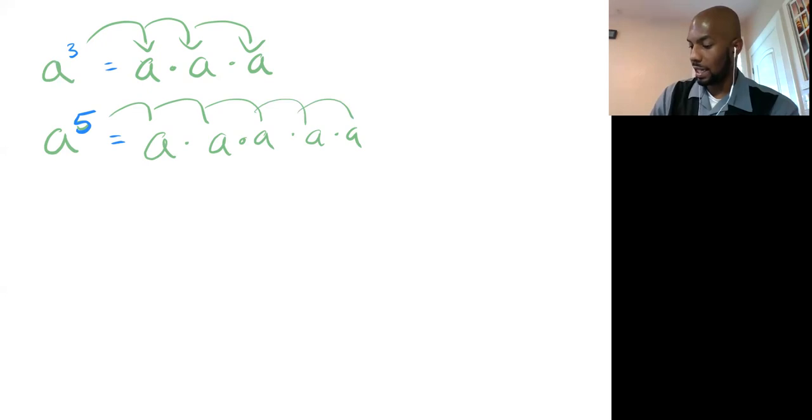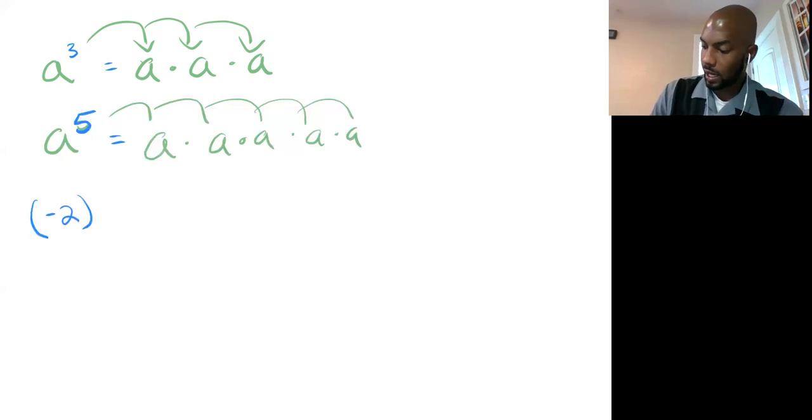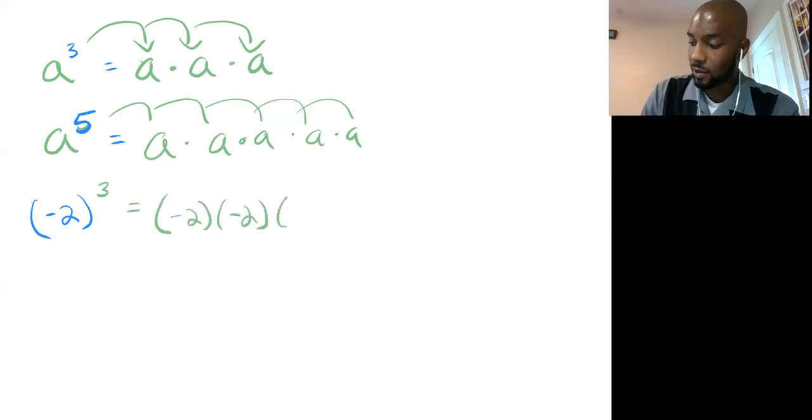We also said that any negative number to an odd exponent would produce a negative number. So negative 2 times negative 2 times negative 2. That's 4 times negative 2, which is negative 8.